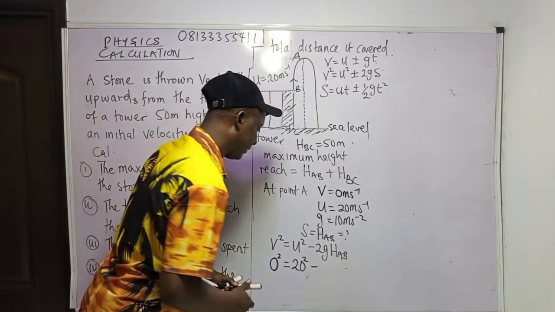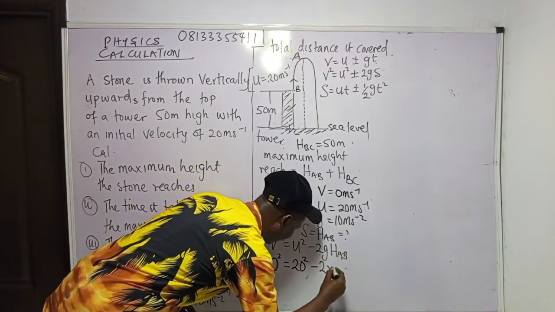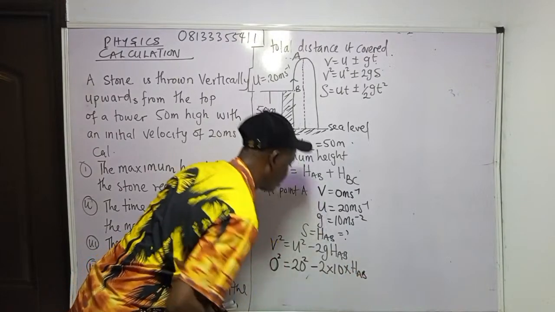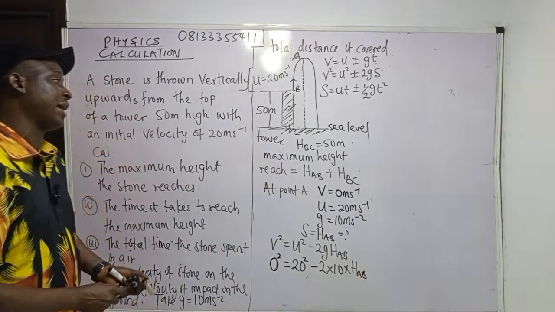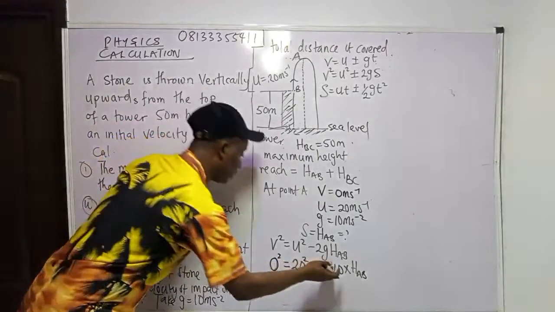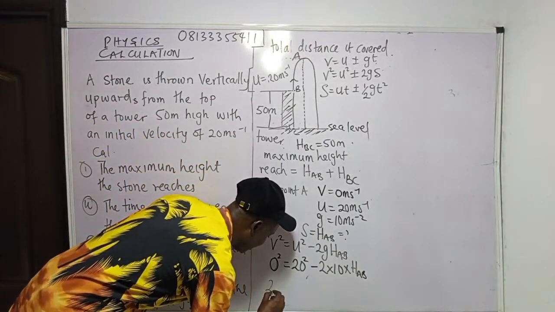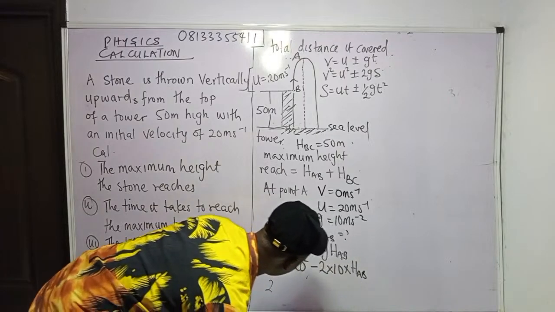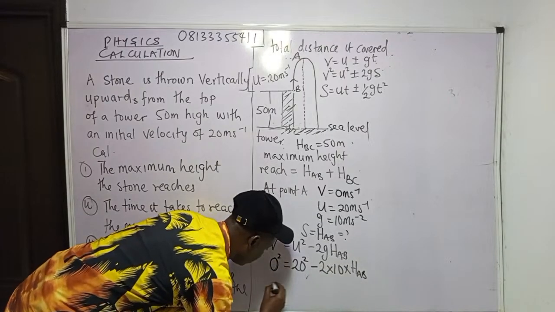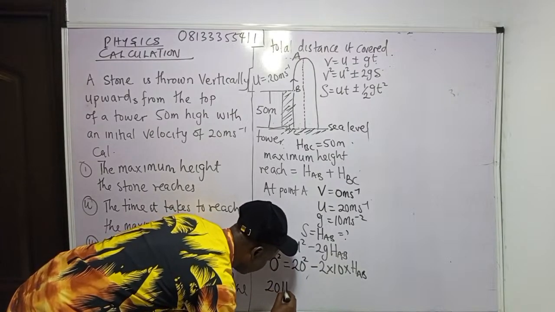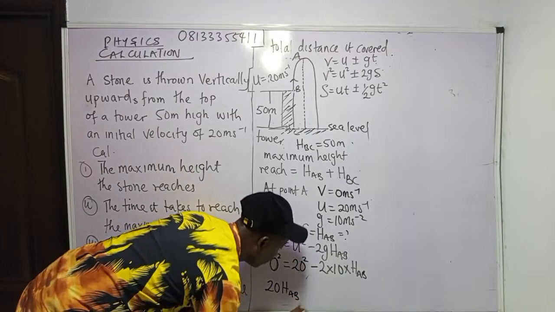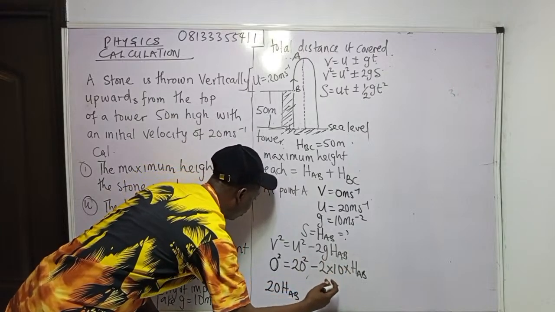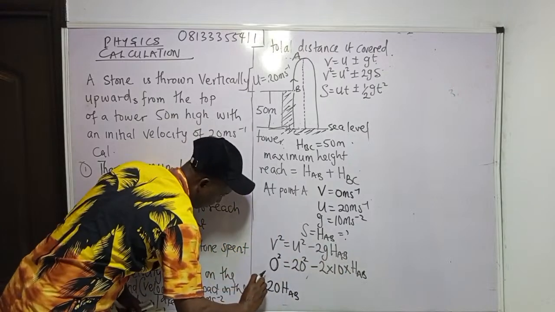So that will now give us 2 times 10 times HB. Now, what do we do to get our HB? We collect like this. So I would have 20 HB. That means you take this 20, then bring it to this other side.